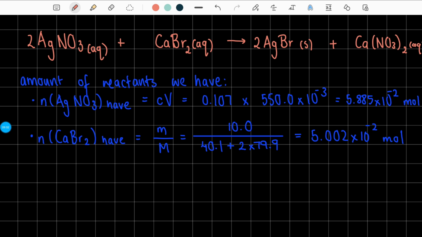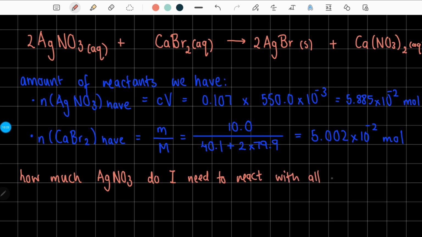Say I ignore the amount of silver nitrate that I actually have, okay? And instead, I ask myself, let's write this, how much silver nitrate do I need to react with all of the calcium bromide that I have?